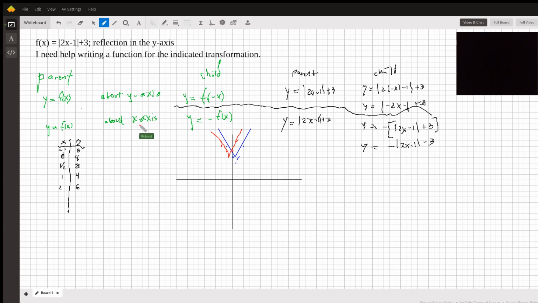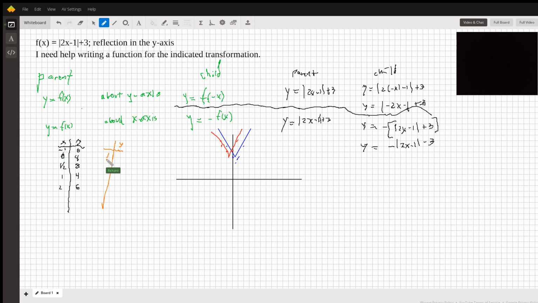Now, the other thing we could do, here's our parent. We could put in some values for the child here. We'll use another color. Now notice the y value doesn't change, it's just the x value. And so what you're doing is you just negate the x value.